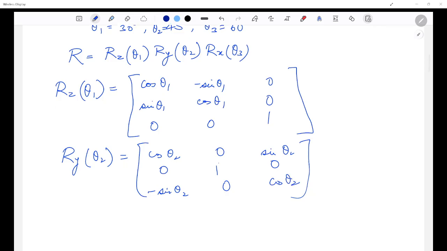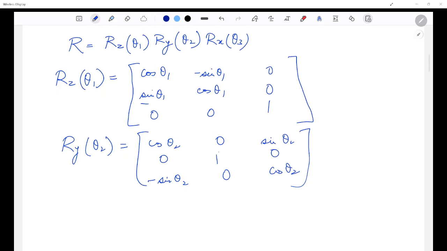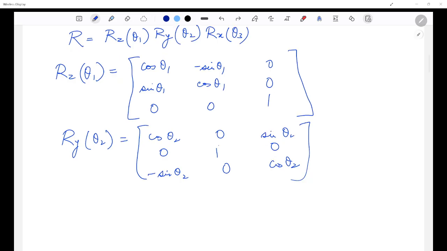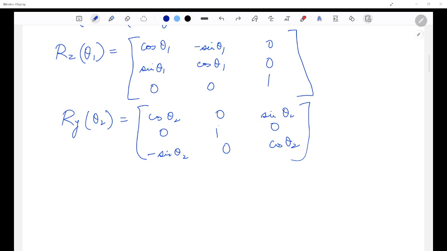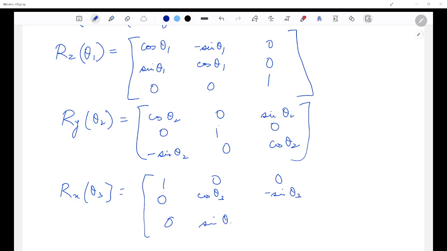You see that sines and cosines appear in the first two rows here, whereas in the next expression they appear in the side rows and not in the middle row and middle column, right? For Rx(theta 3), it is 1, 0, 0, 0, cos theta 3, minus sine theta 3, 0, sine theta 3, cos theta 3, right?